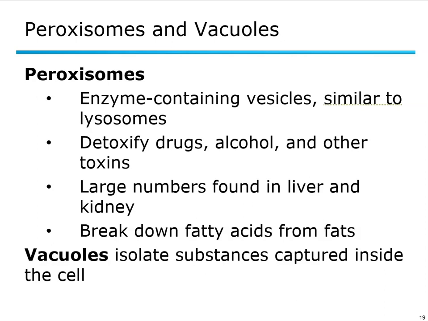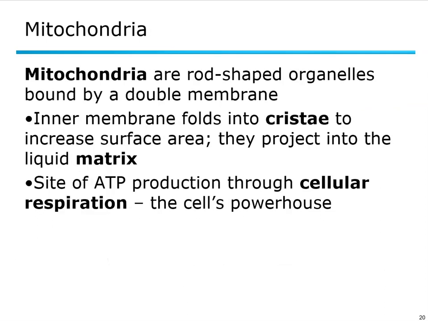We have an increased amount of them, for example, in the liver and kidneys, because they are filter and detoxification organs in our bodies. Another kind of organelles are vacuoles. They are able to isolate substances captured inside of the cell.